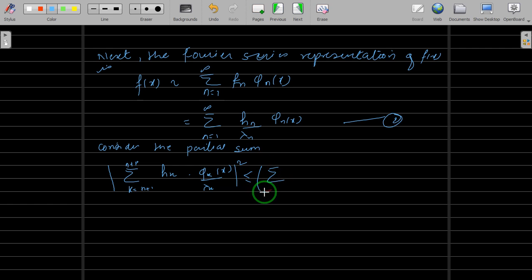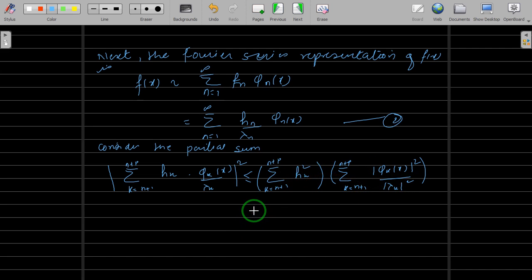This is an exercise. So the summation k from n plus 1 to n plus p of h_k squared, into the summation k from n plus 1 to n plus p of mod of phi_k of x divided by mod of lambda_k, the whole squared. Now there are only a few terms here, and if you take the sum from k equals 1 to infinity, then obviously this will be less than or equal to that.